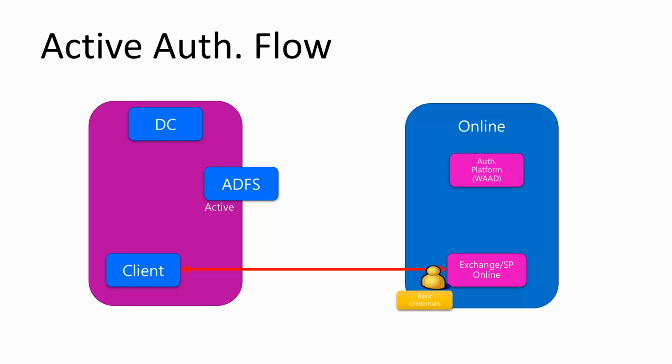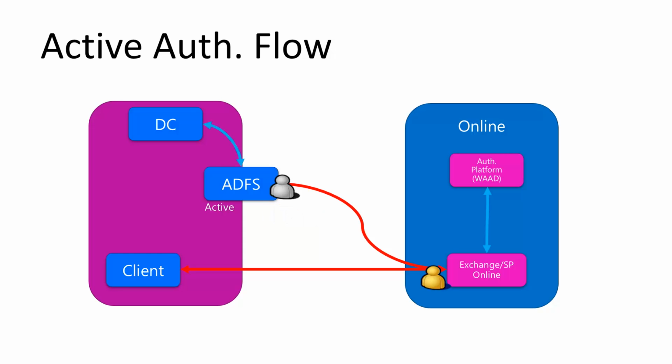The difference here is that it's not the client who gets redirected, but in this case, the Exchange Online will go and talk to the authentication platform in Azure and says, well, I've got an authentication request from a user, and here are his credentials. Can you authenticate this user? The authentication platform will say, well, it's a federated user, but go and talk to his ADFS server. So at that time, Exchange Online will go talk to the ADFS server and say, well, here are credentials that I got for that user. Are these credentials correct?